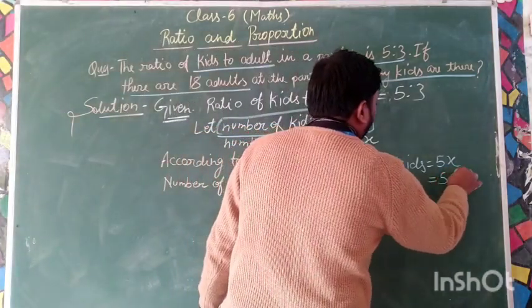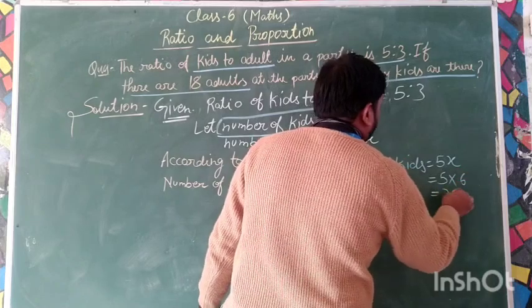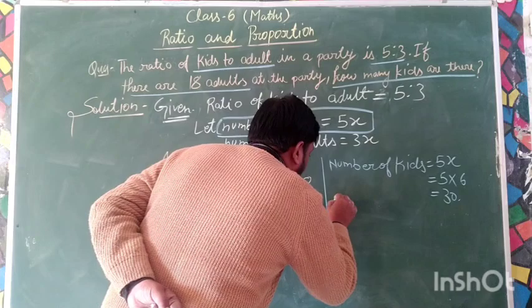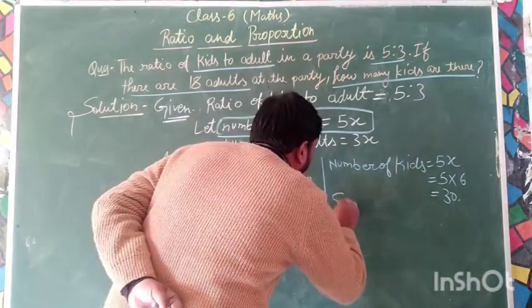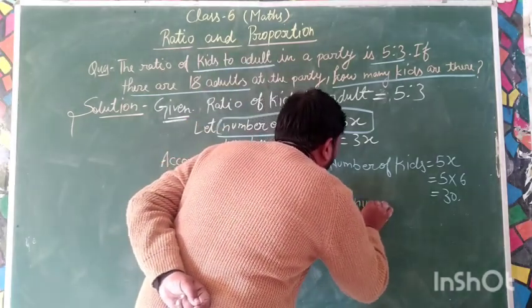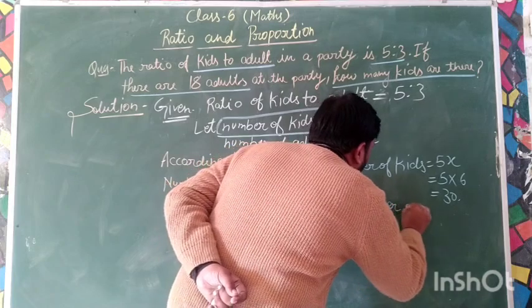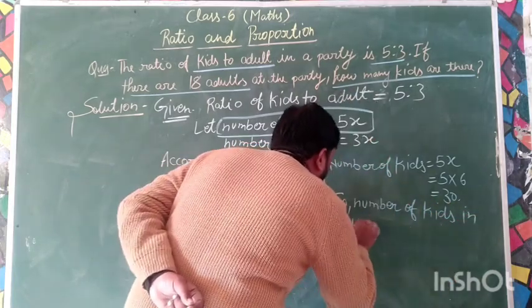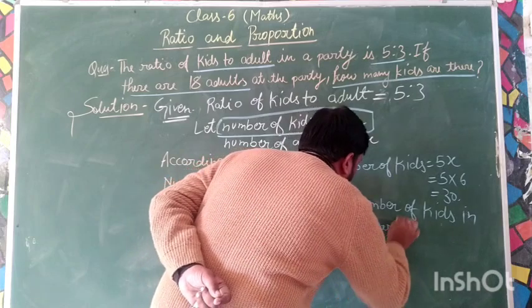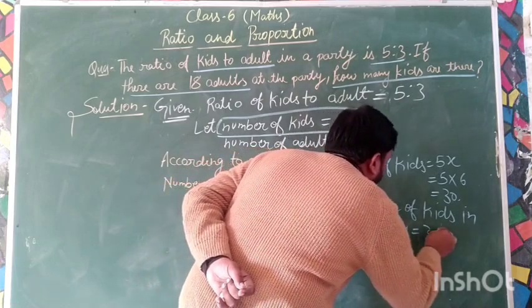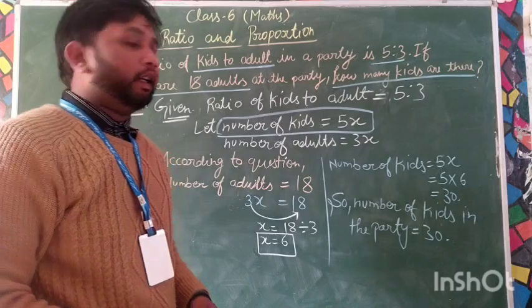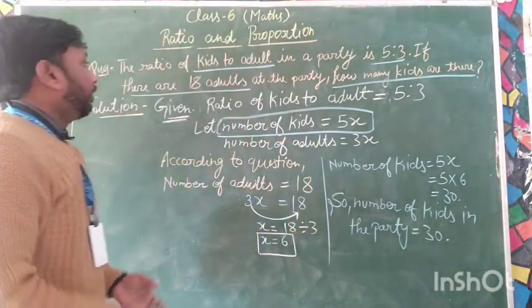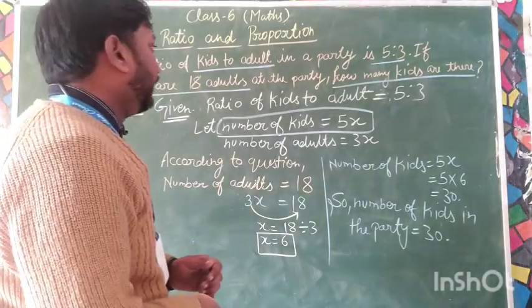So here we write 5 into 6 which is equal to 30, and in the last we write the answer in words: so the number of kids in the party is equal to 30. So there are 30 kids in that party, and there are only 18 adults in the party.